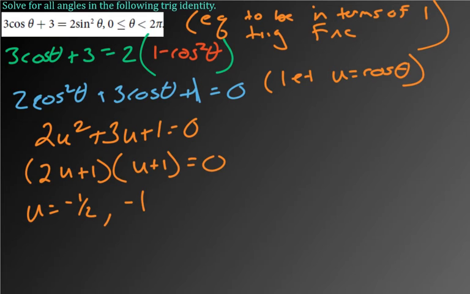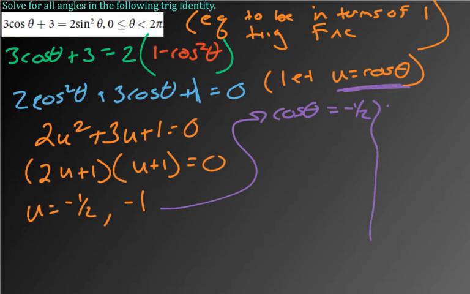And then just like all U sub problems, you've got to think about what that means. Based on this identification, it's saying cosine theta equals negative a half or cosine theta equals negative 1. And we're only thinking in the first cycle on the unit circle. So here, let me draw a little unit circle on both of these.